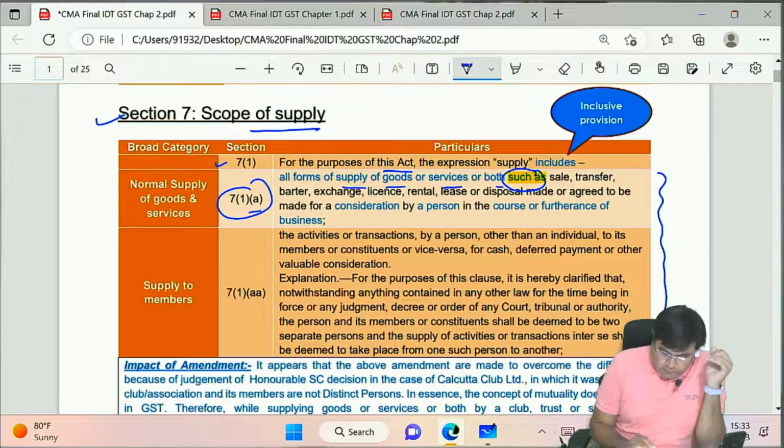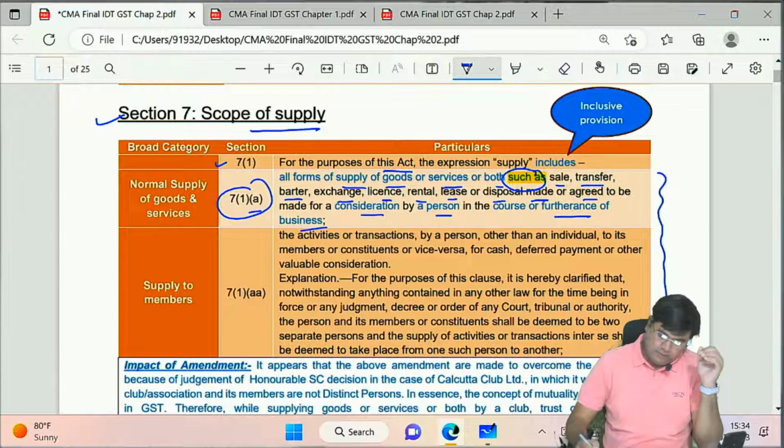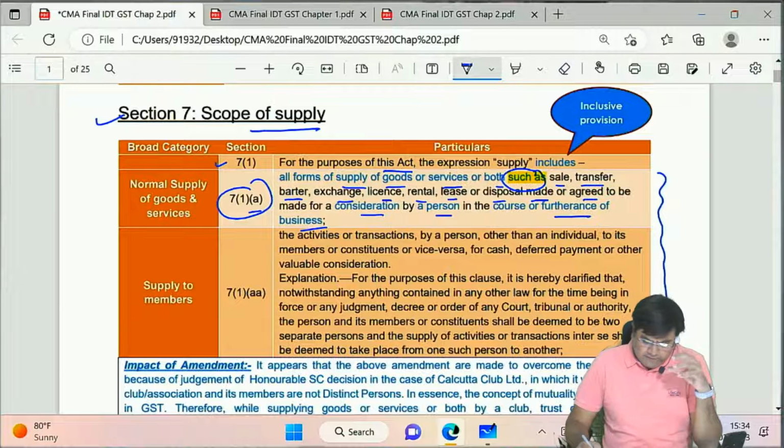So all forms of supply of goods or services or both, such as sale, transfer, barter, exchange, license, rental, lease or disposal, made or agreed to be made for a consideration by a person in the course or furtherance of business.